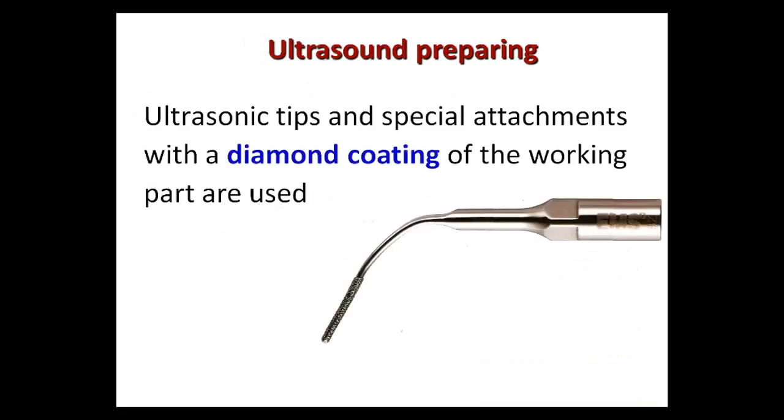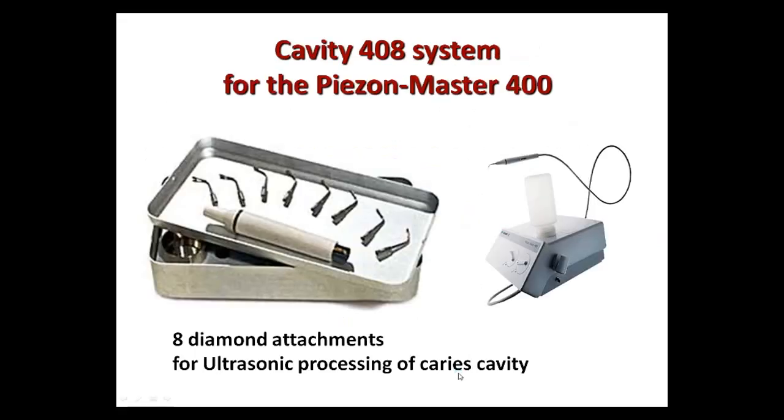Ultrasonic tips and special attachments with a diamond coating of the working part are used. Special tips to ultrasonic devices, for example, the cavity 408 system for the Piezo Master 400s.